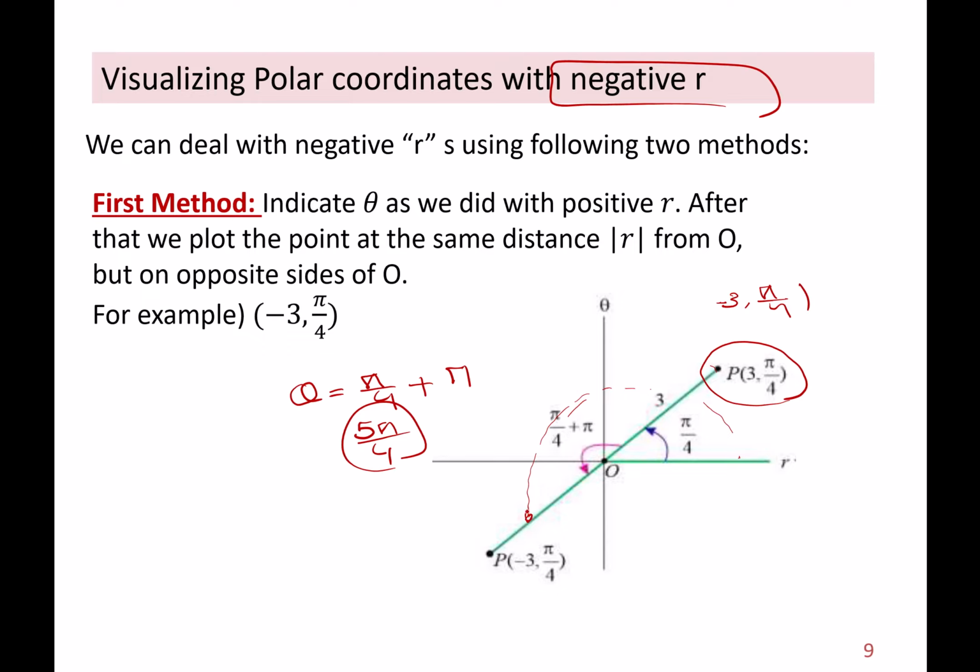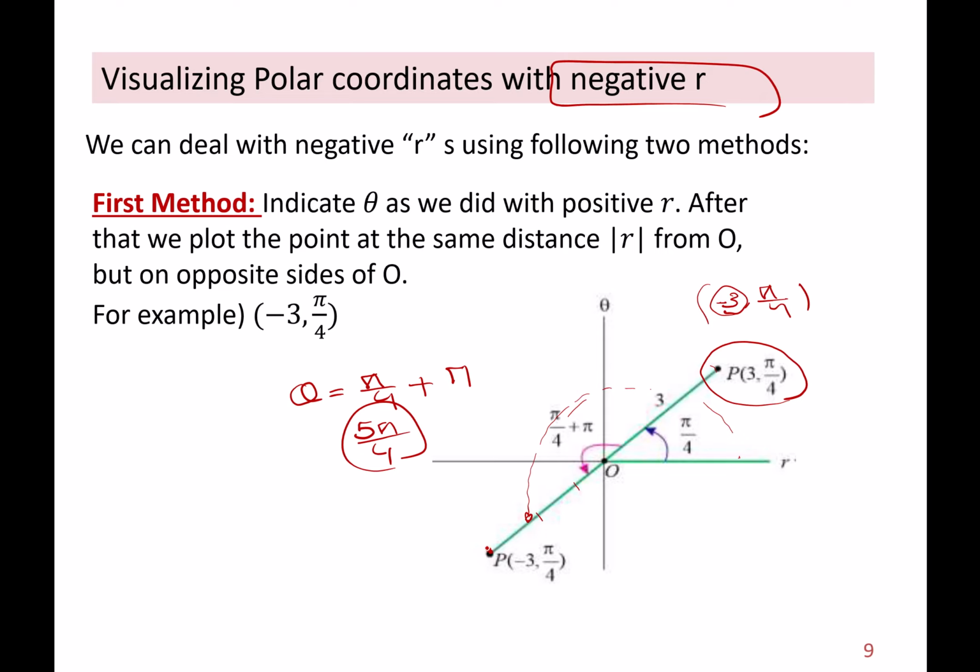This is 5 pi over 4. But because our r is equal to -3 and theta is pi over 4, when we draw it from 0 to 5 pi over 4, we will stop here. Now we will go 1, 2, and 3.